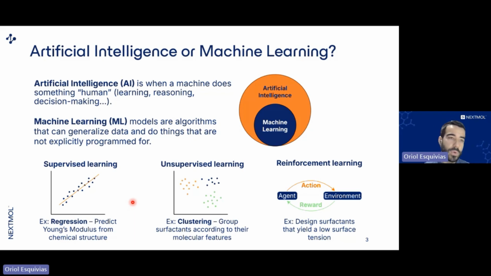Supervised learning is one of the most common ones. I think when people think of machine learning, sometimes they think of this. You give a chemical structure and a property, the model learns the relationship between the property and the molecule, and then when you give the model a molecule, it gives you back a property that it hasn't seen before.